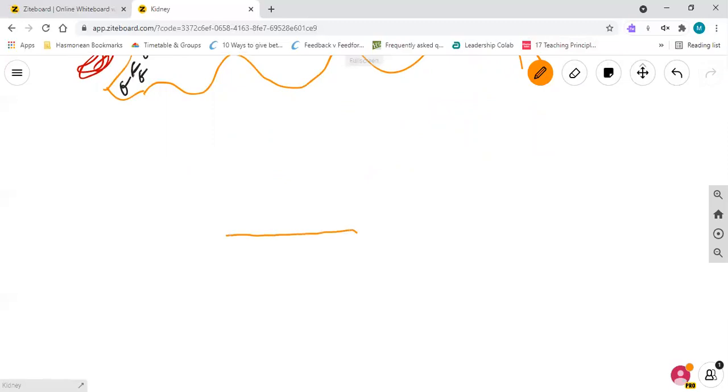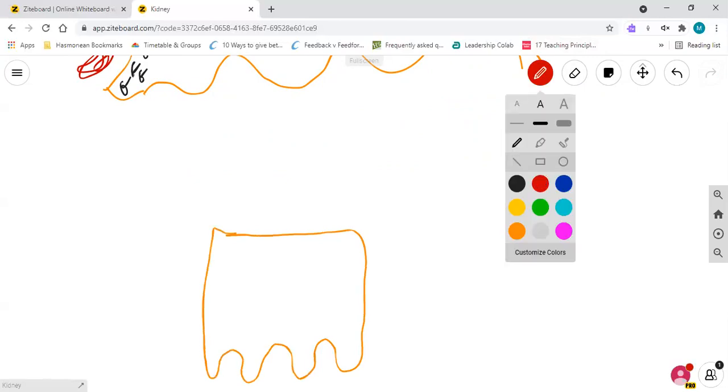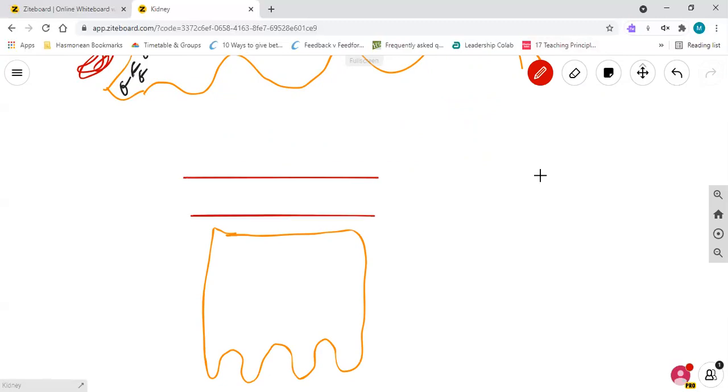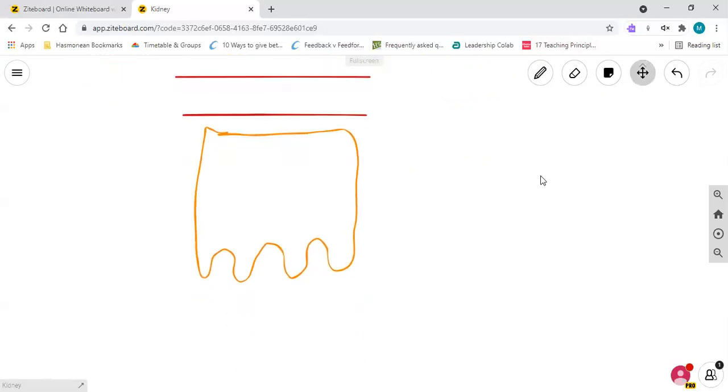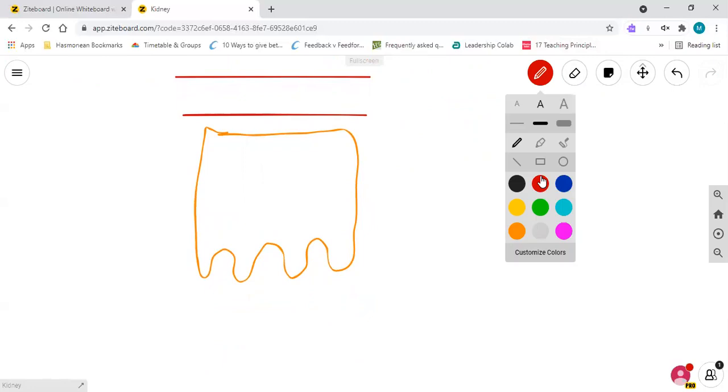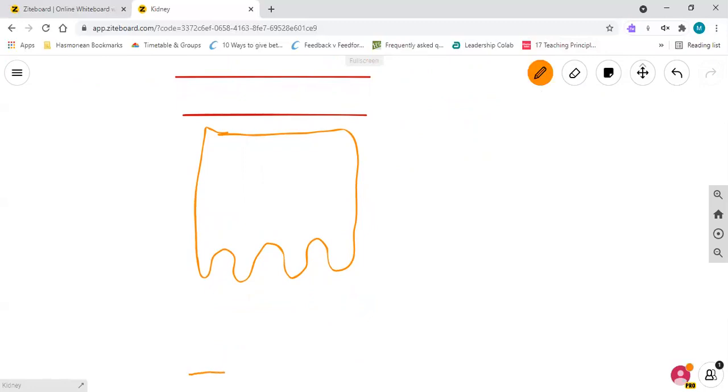So we've got our columnar epithelial cells there, like so. Then we've got our blood, which is there. And we have the other side of the PCT, which I'm not going to draw in properly. So I'm only interested in this particular cell at the moment.